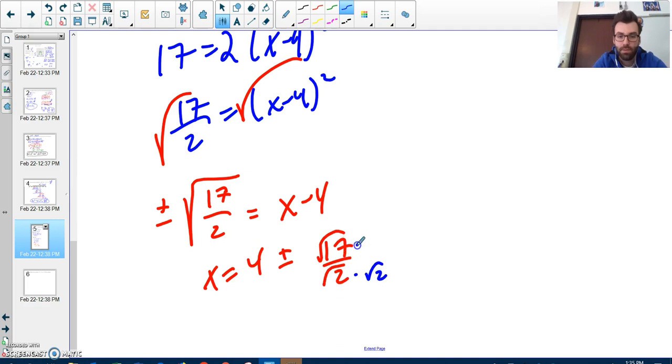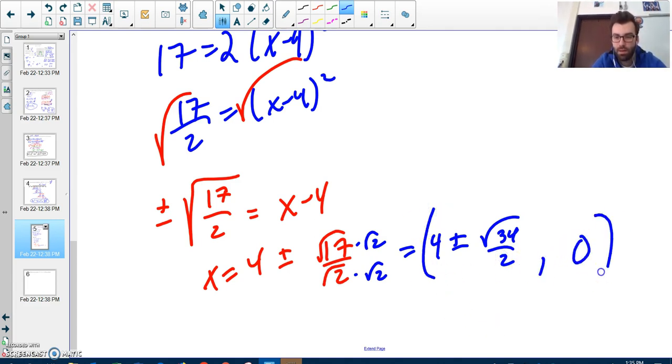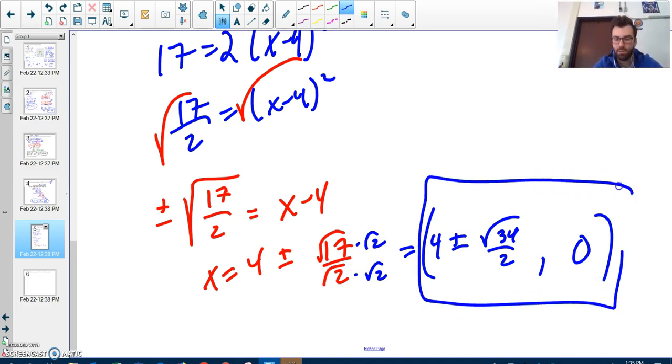Times root 2 over root 2. So this becomes 4 plus or minus root 34 over 2. To write that as my x-intercepts, I would just do that and 0. Those would be my x-intercepts.